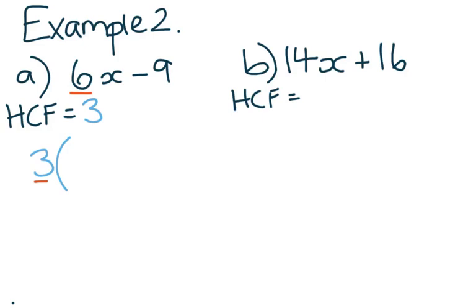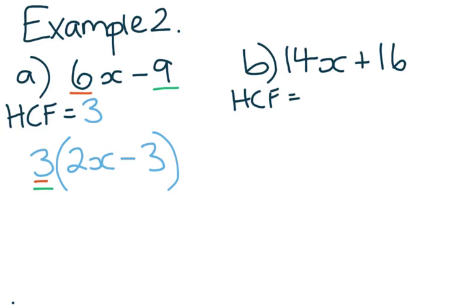Now this time we have to write the number. So we have to write 2x, because it actually alters the answer if we don't. Okay? Then we still do 9 divided by 3, which is 3. So we would get 3, open brackets, 2x take away 3, close brackets. And again, you could do your check if you needed to.